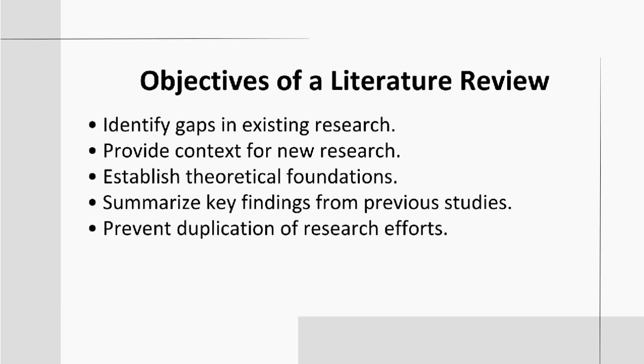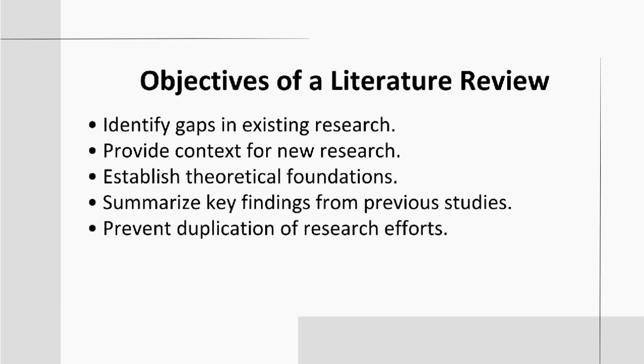Section 2: Objectives of a literature review. The primary objectives of conducting a literature review are: identifying gaps. A literature review reveals areas that have been under-researched, helping scholars to refine their research questions. Providing context. It places new research within the broader field of existing studies, showing how it relates to previous findings.